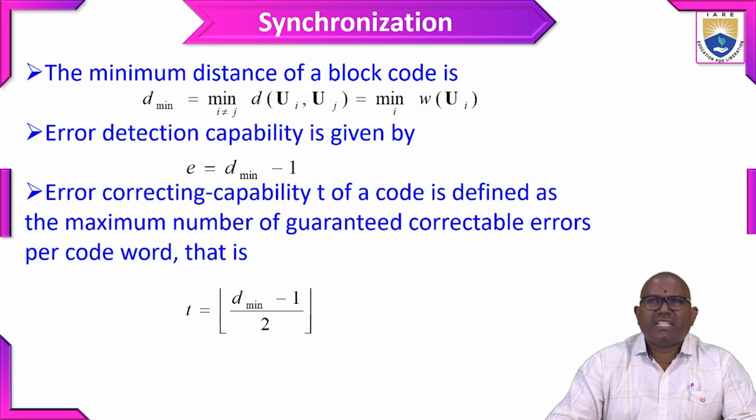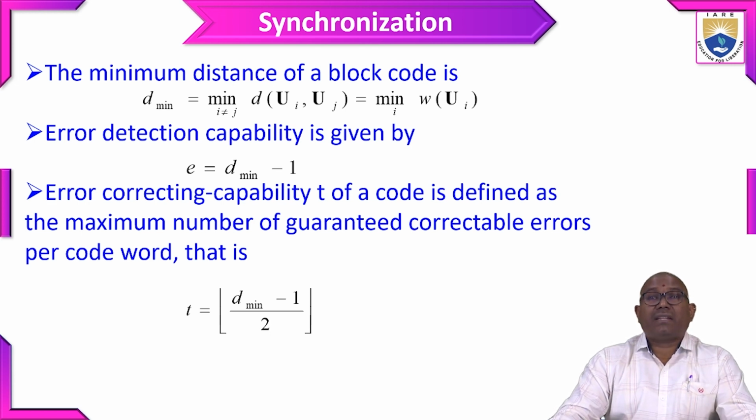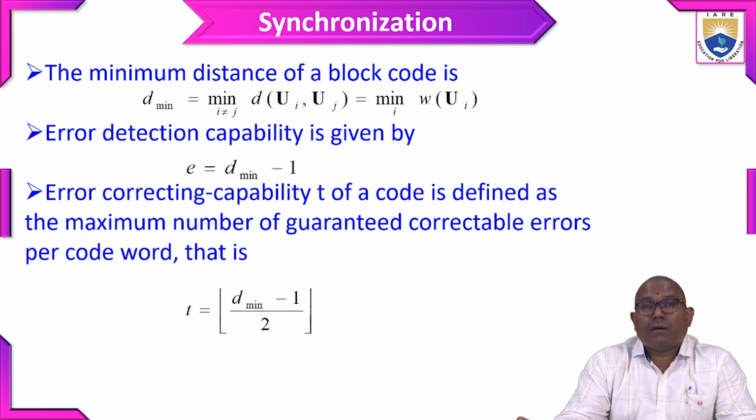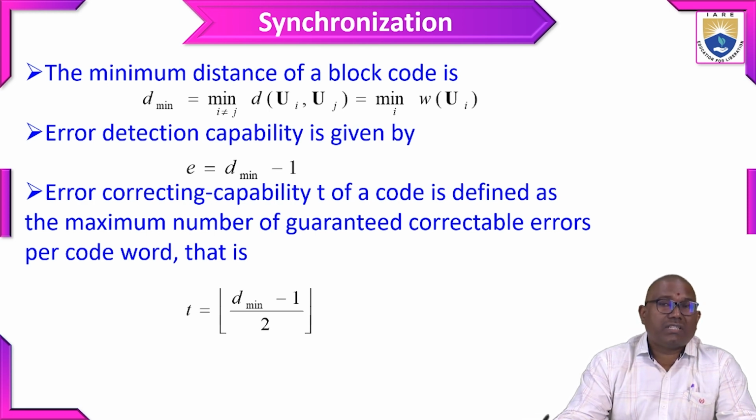The minimum distance of a block code, d minimum, is equal to the minimum of d of u i comma u j, for i not equal to j. d is the distance. So the minimum distance is the minimum weight of u. And what about error detection capability? How many bits can be detected? We already said that error control coding is used for error detection and error correction. So what is the capability of that code?